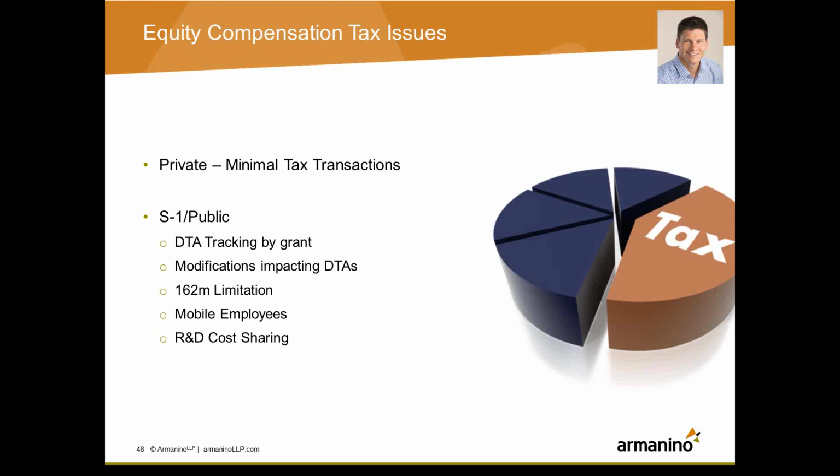You can reduce your taxes payable based on options that were either exercised and/or ultimately the underlying shares were sold. Certainly, even for R&D cost sharing, you're going to want to make sure you've got proper allocation of the tax attributes.